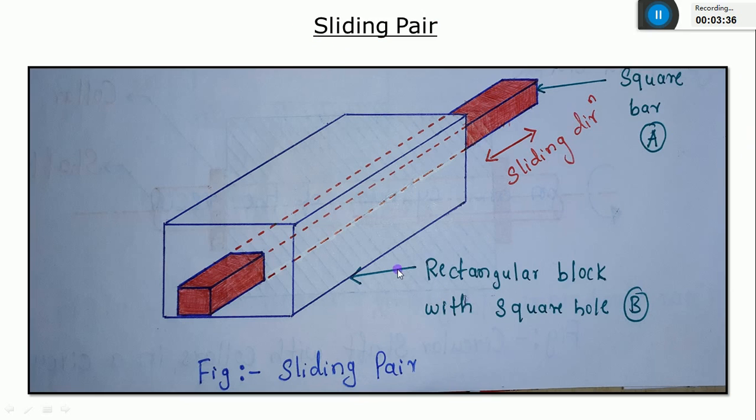I have taken an example of a rectangular block having a square hole, which is called link B. Inside that square hole there is a square bar or square shaft, which I'll call link A. It means link A is sliding with respect to link B. Since the cross section is square, it cannot rotate. It can only have linear motion. So it is a combination of two links in such a way that one link can only slide with respect to the other.